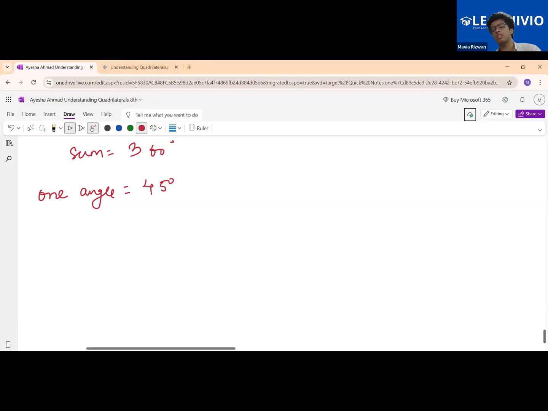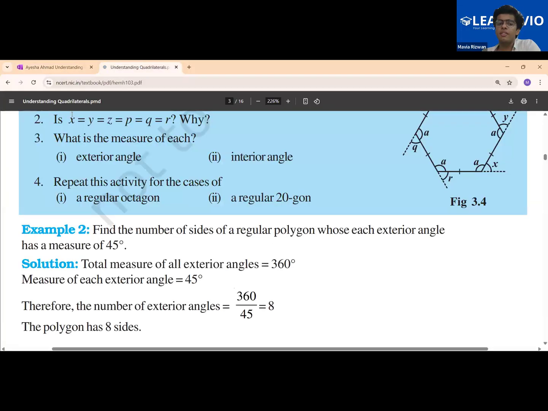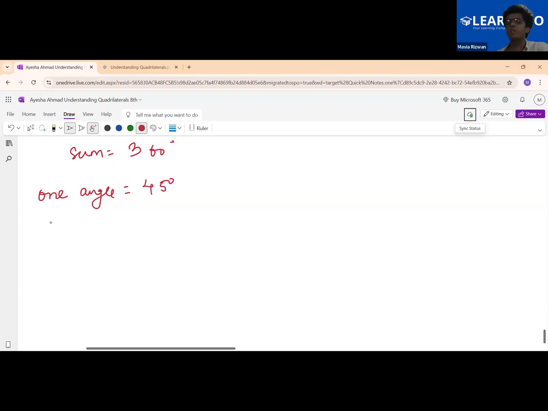We know that the sum of exterior angles is equal to 360 degrees, and it is also given that it is a regular polygon. So if it is a regular polygon, this means all the sides are equal and also all the angles are equal.